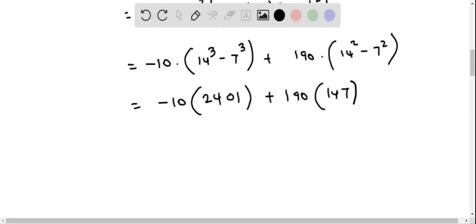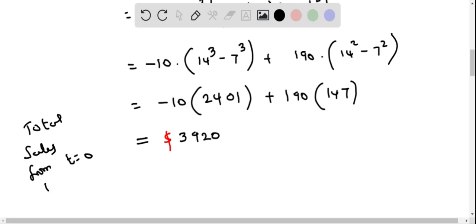So we put this expression into the calculator, and when we do that we get 3920, and this is in dollars. This is the total sales from t equals 7 to t equals 14.